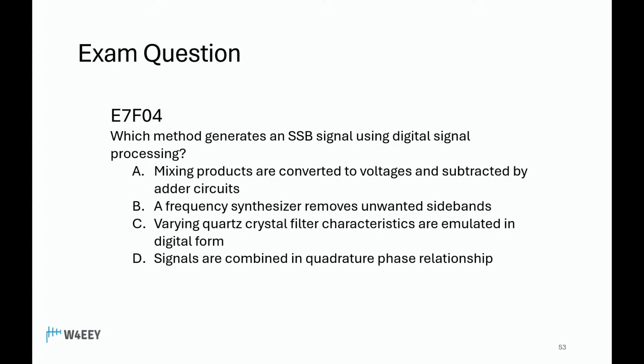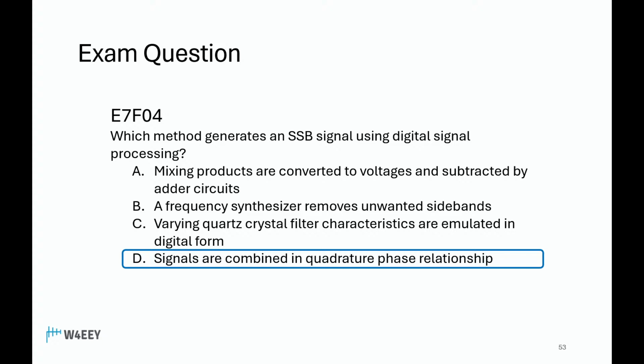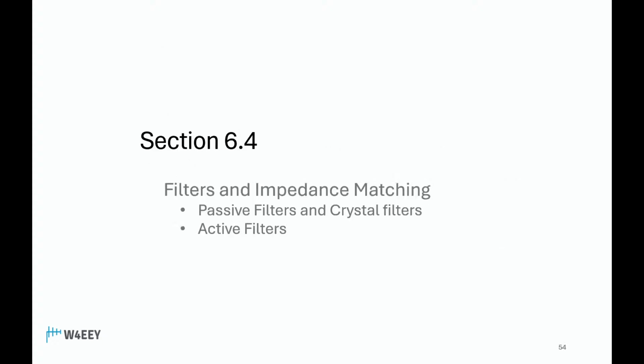Delta. It is delta. Signals are combined in quadrature phase relationship, I and Q magic. All right, that was a very high-speed walk through software-defined radios and digital signal processing. But we had a lot of right answers, so thanks everyone for picking up on that.